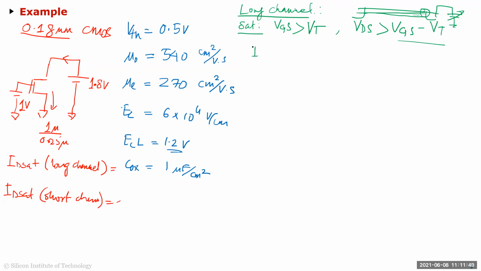And what is the equation for the current for the long channel? It is IDS equals mu naught Cox over 2 W over L (VGS minus VT) whole square. The 1 plus lambda term we're neglecting for this equation. So let's plug in the values now.